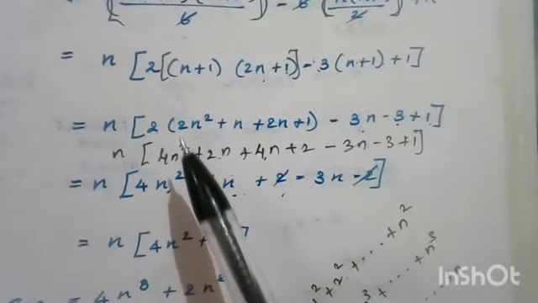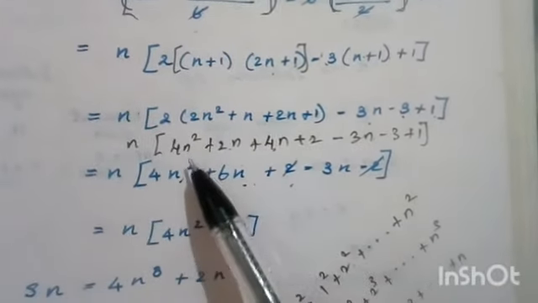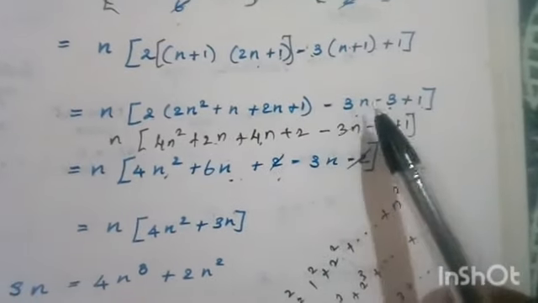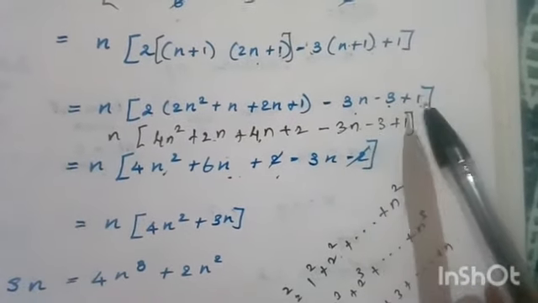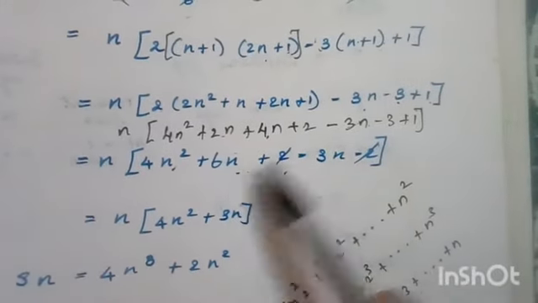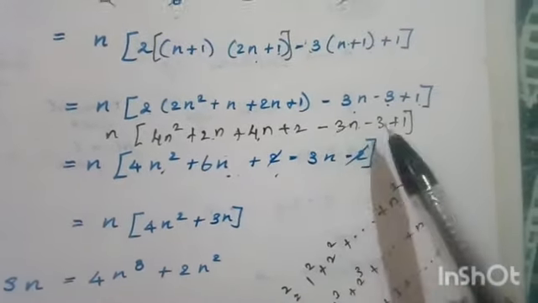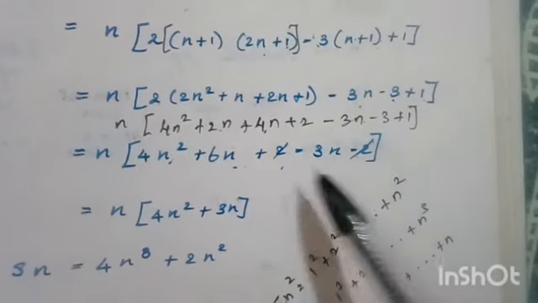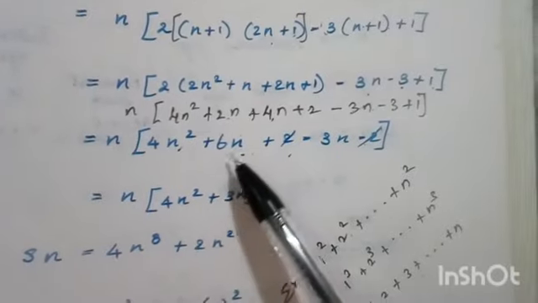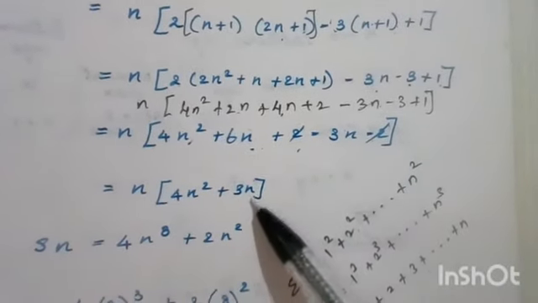Students, once again listen. Taking this 2 inside, that is 4n square plus 2n plus 4n plus 2. Here minus 3n minus 3 plus 1 is there. So now 4n square, add these two, 6n plus 2 minus 3n, simplify these two, minus 2. Plus 2 minus 2 cancel. After cancelling we have 4n square plus 6n minus 3n, that is plus 3n.